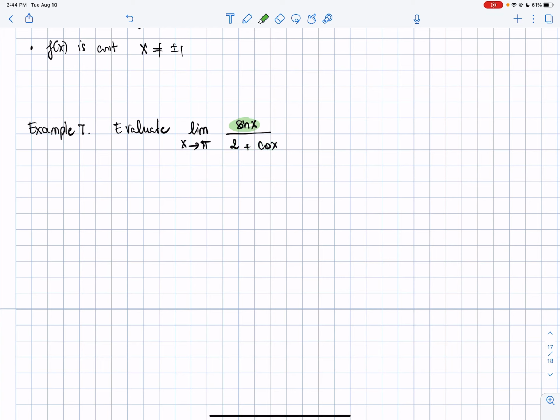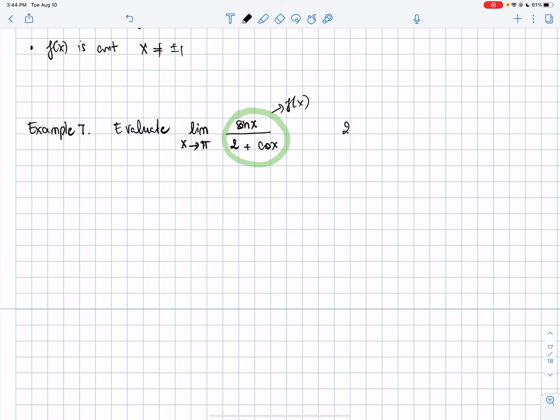Now the whole thing is continuous because it's a rational function. And we find the domain of this. The domain of the function f of x is all real numbers, and that's why it's continuous everywhere.